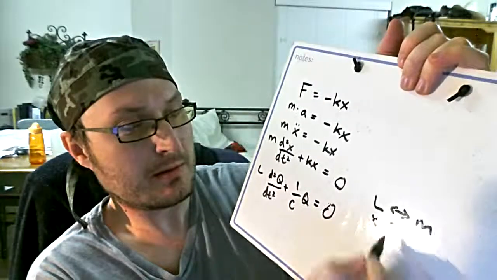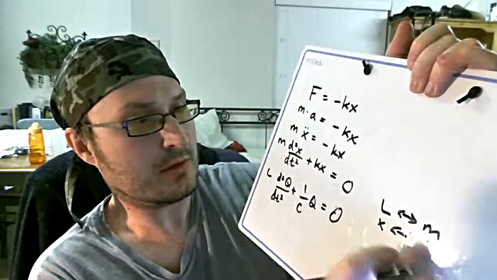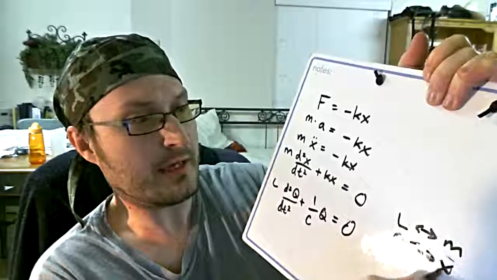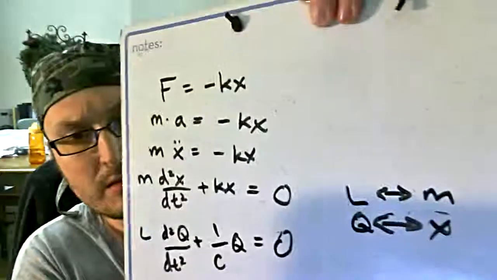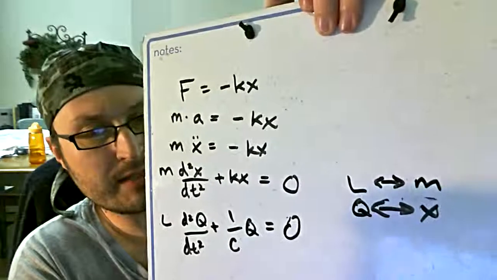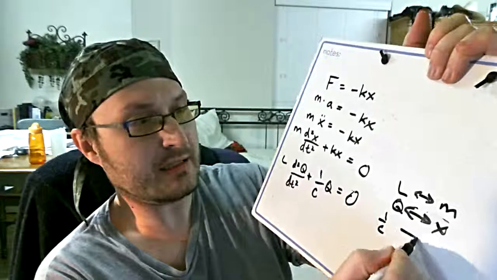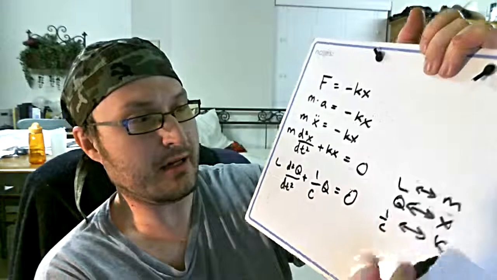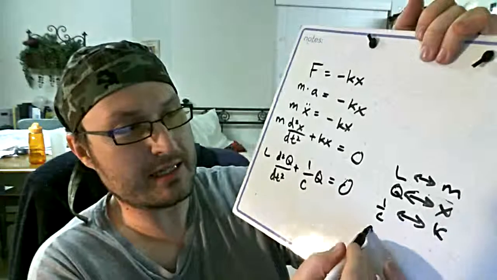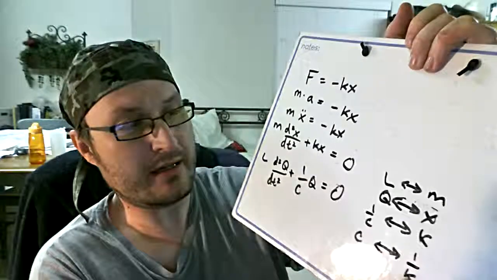Oops, did that wrong. Q to x. And then, and this is the only part where it's a little tricky, where I see 1 over C here, I see k there. Another way to say that is where I see C here, I see 1 over k there.